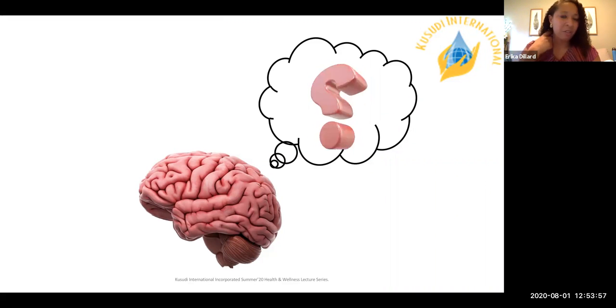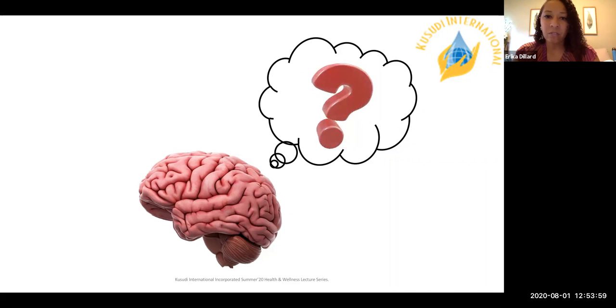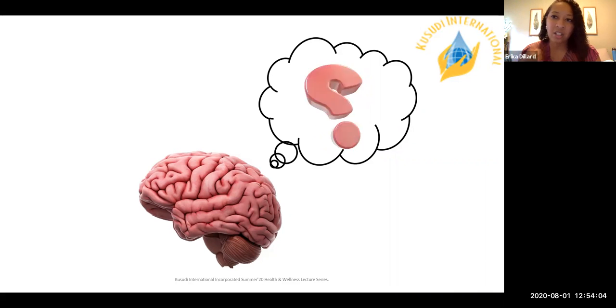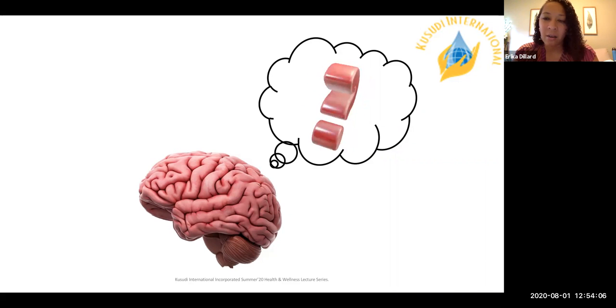So if you have a thrombus or a clot that gets lodged in the arteries in the back, you could definitely have changes in vision.